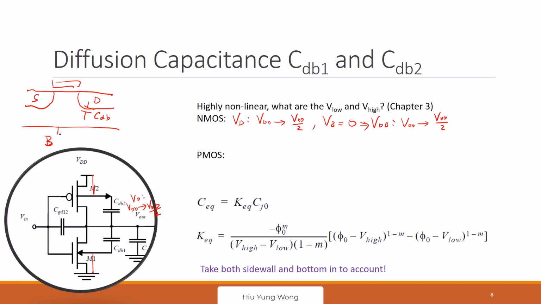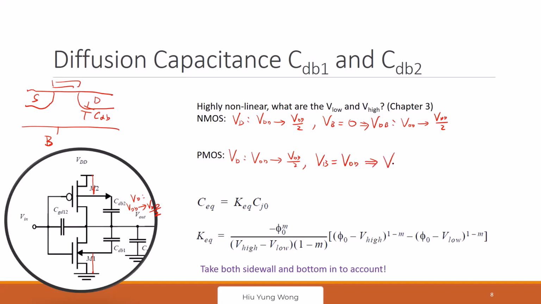How about for PMOS? For PMOS, VD also goes from VDD to VDD divided by 2, right? But how about VB? What is the VB of PMOS, as I just said? It's VDD, right?